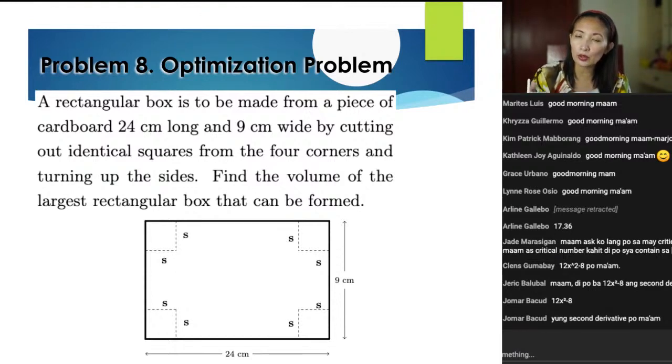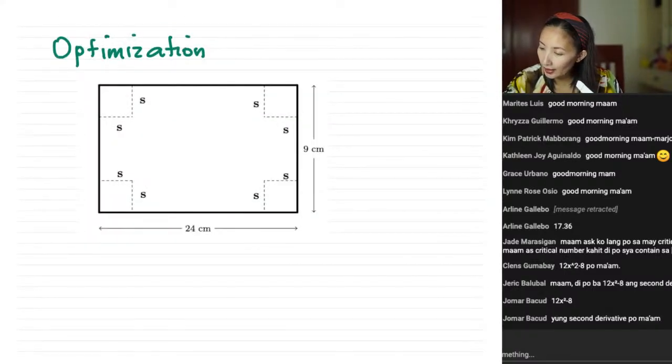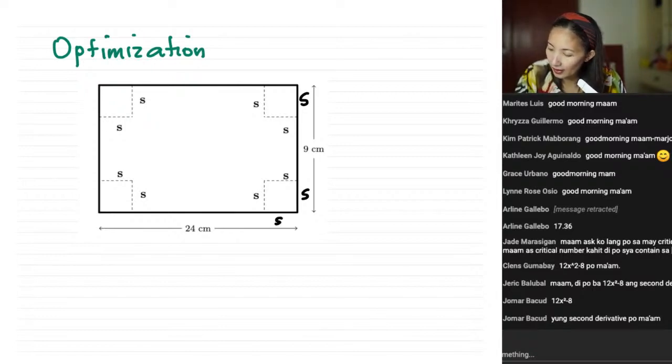Let S be the length of the side of the squares. So we made use of S to represent the side of the square that is to be cut out.